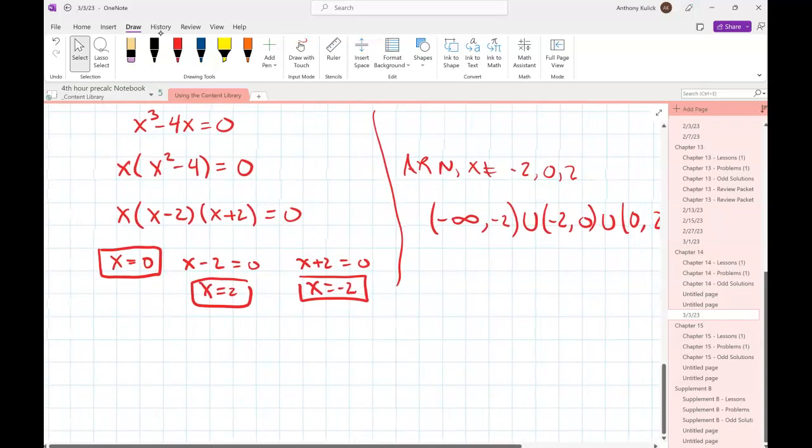But we do want to now talk about a major difference about these rational functions. It has not occurred in any of the functions we've talked about. And it's that rational functions can have discontinuities.